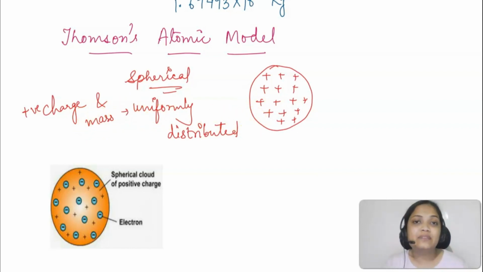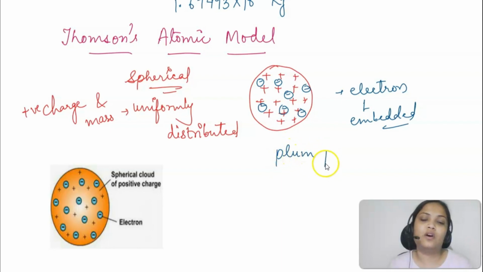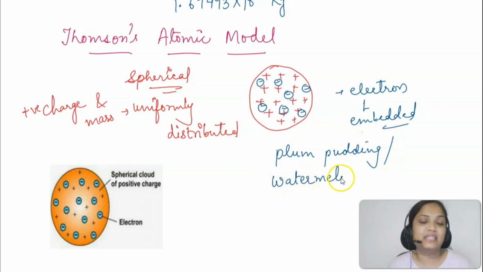distributed. And what about the electrons then? Electrons are embedded into it, just like a plum pudding, or a watermelon, where the whole red edible portion is your positive charge and the seeds are your electrons.